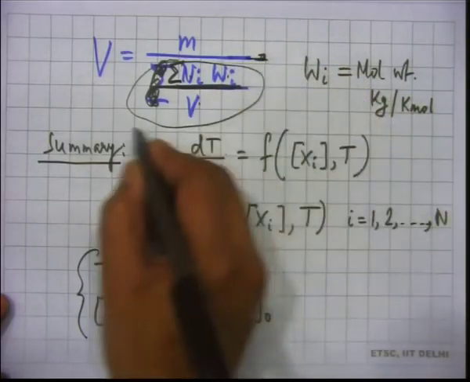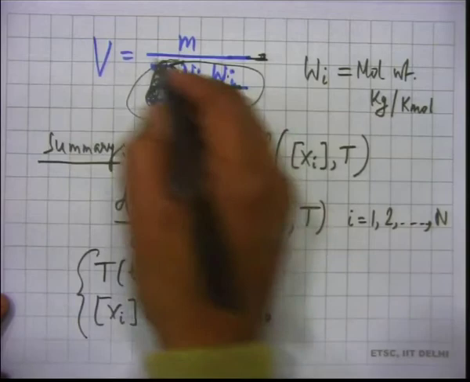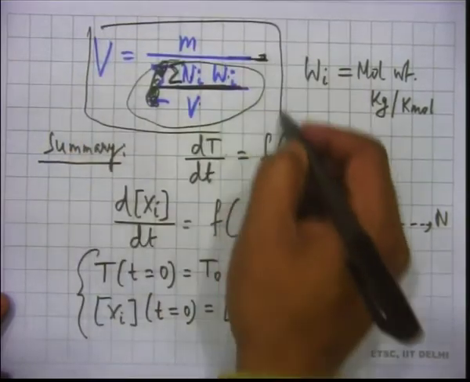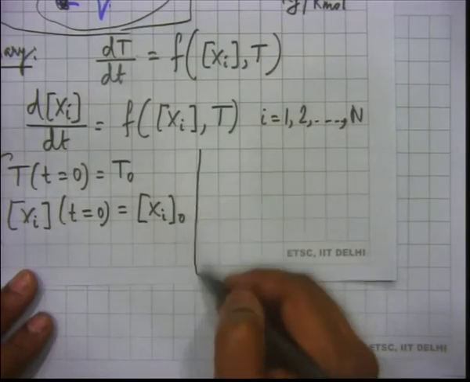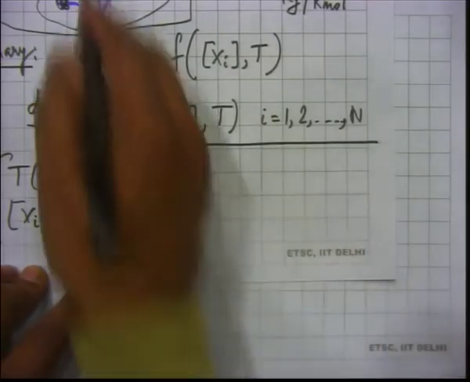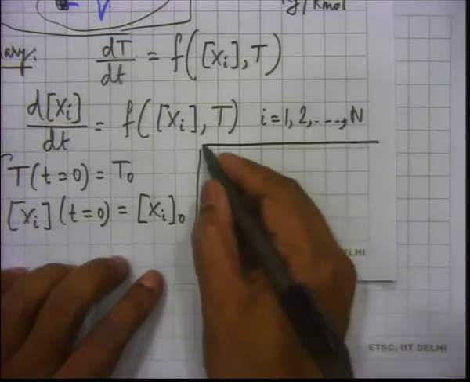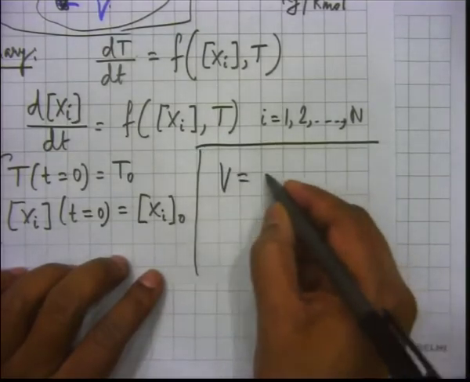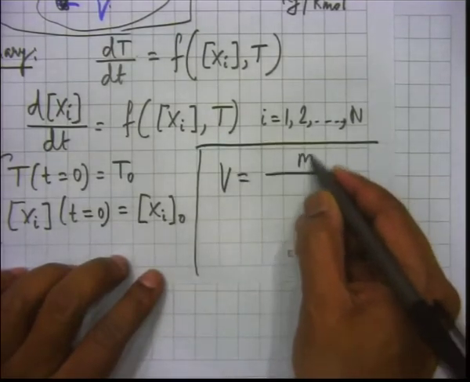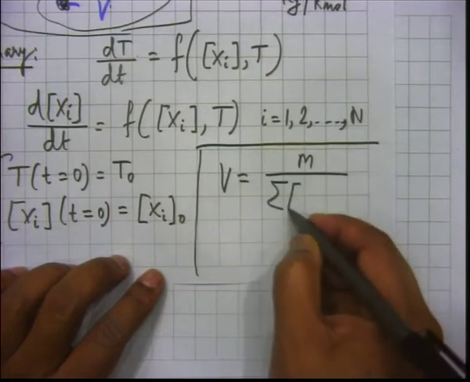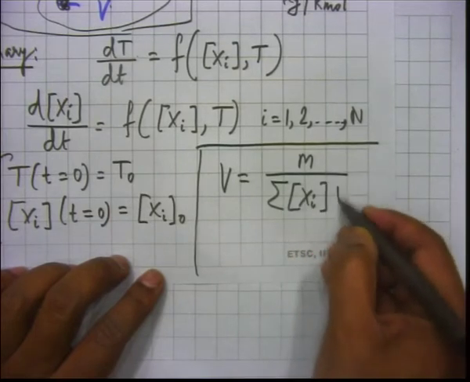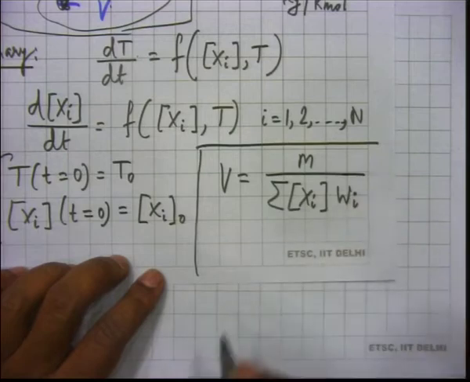So, this I am sure is okay. Now, the step I forgot to write is this identity. So, as I said, I missed one thing to show you. This V is m divided by summation xi Wi. So, this is better.